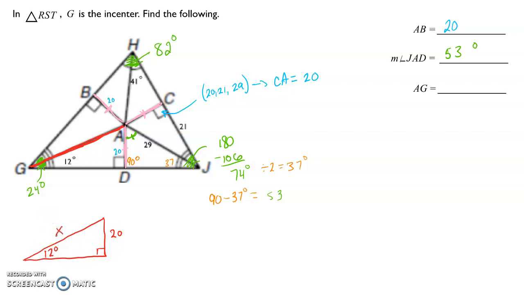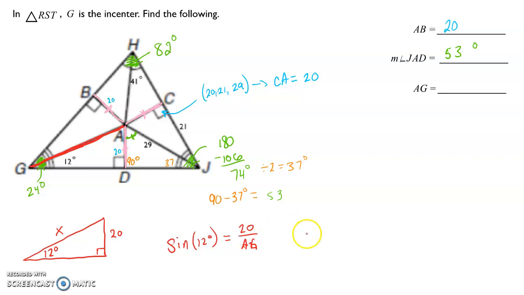Well, we did this earlier this semester, and this was our trig unit. In order to find and estimate what this is for side AG, or x here, I'm going to have to use my sine function because it's a right triangle, and I can use a trig function here. The sine of my angle measure, 12 degrees, is equal to the opposite side length divided by the hypotenuse, which in this case is segment AG.